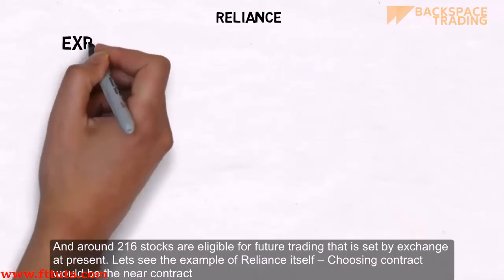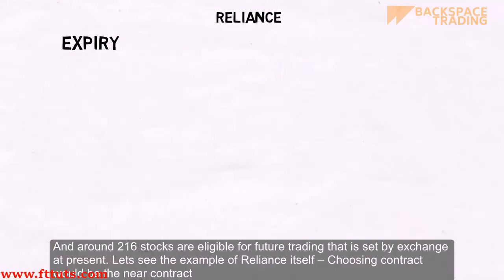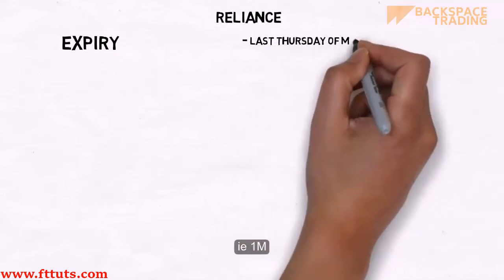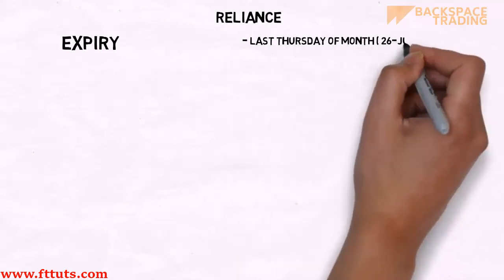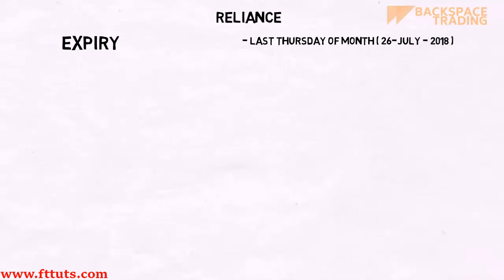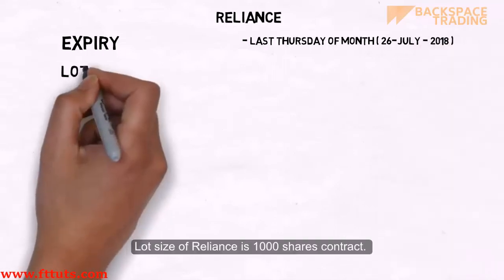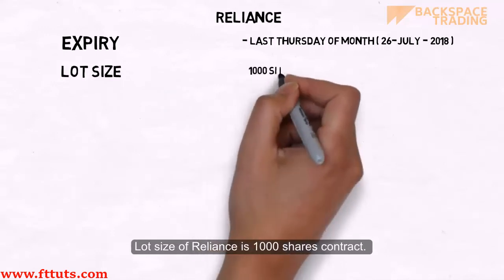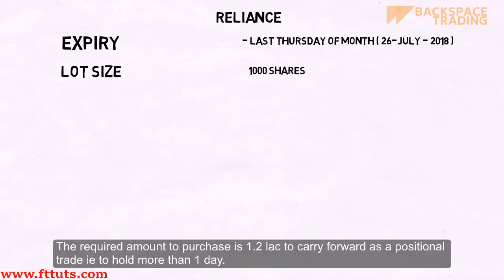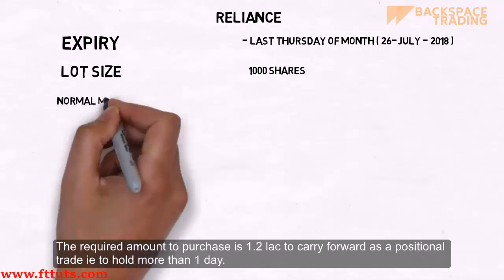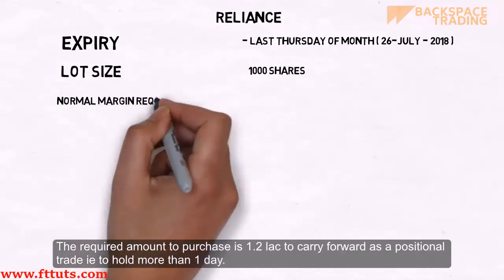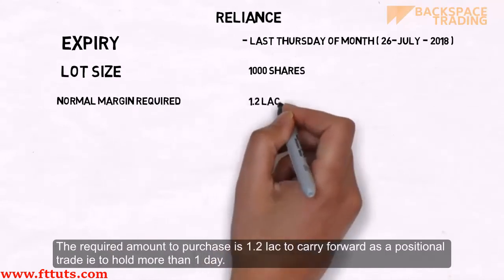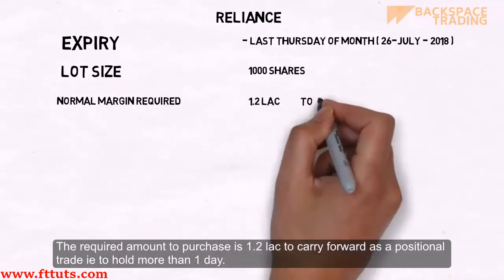Okay, the contract chosen would be the near contract, that is the near month, and the format would be Reliance and the contract date. Lot size of Reliance is 1000 shares. The required amount to purchase and carry forward a Reliance contract is around 1.2 lakhs, and that varies from broker to broker.